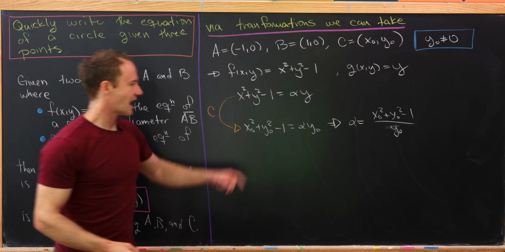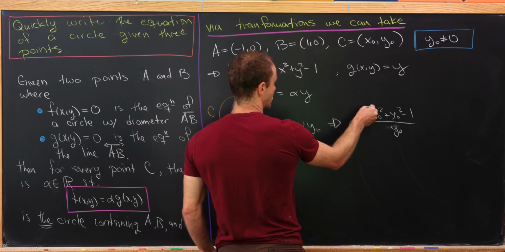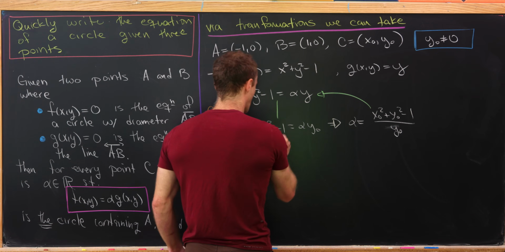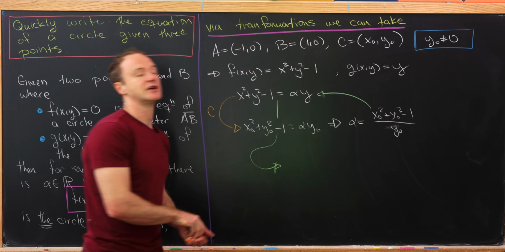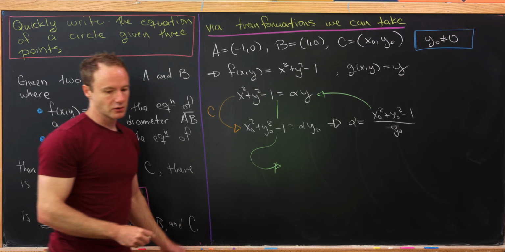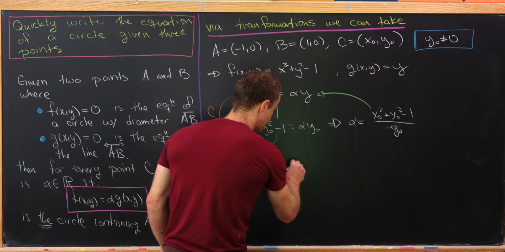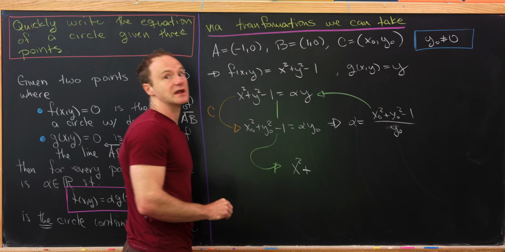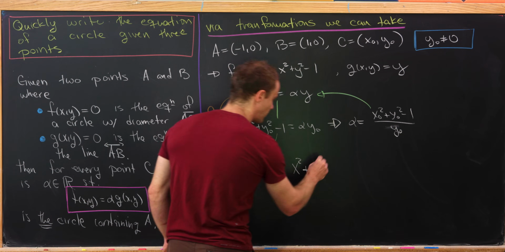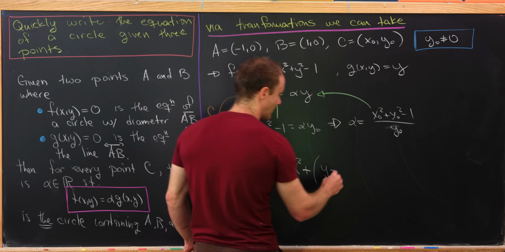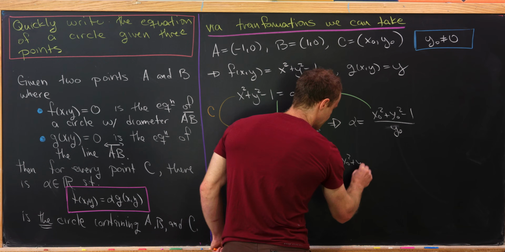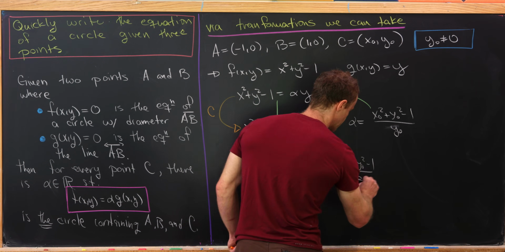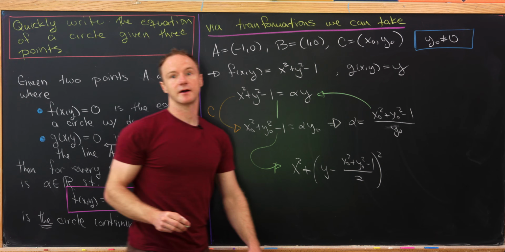But then plugging that back into our original equation, we can write a more standard equation of a circle. I won't go through all of the details, but we end up with something like this. We end up with x squared plus (y minus (x naught squared plus y naught squared minus 1) over 2) all squared.